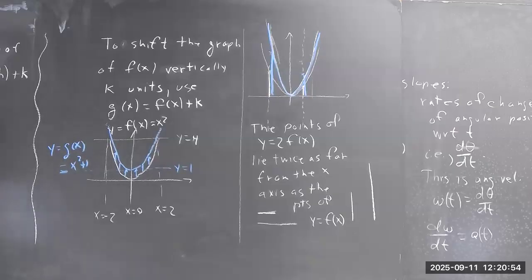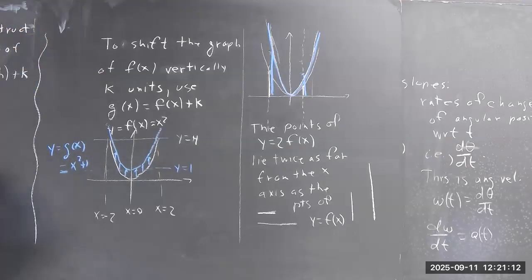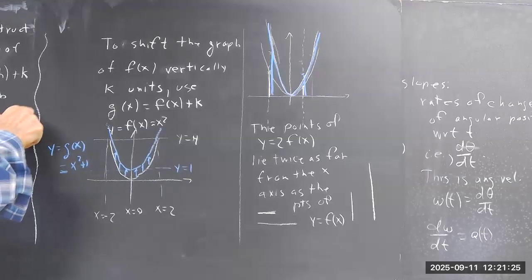if you have the function y equals a f of x minus h plus k, to construct its graph, start with the graph of y equals f of x.